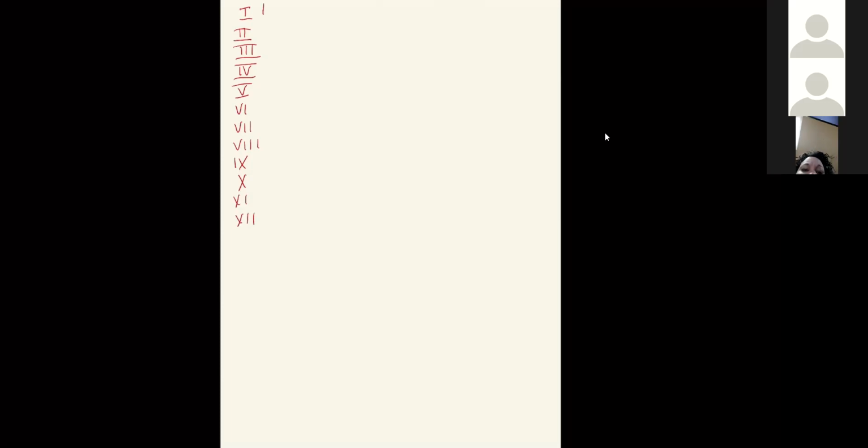So I'll go through 1, 2, 3, 4, 5, 6, 7, 8, 9, 10, 11, 12. Lots of times they use the Roman numerals, so that's important. Now for the cranial nerves, there are lots of little mnemonics to remember them by.